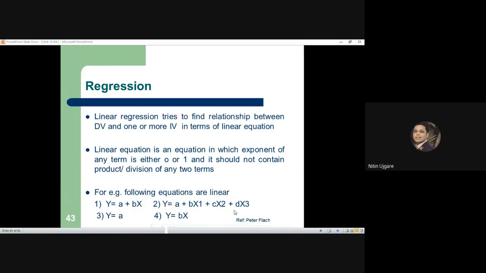This is a kind of multiplication of two things we are looking at. But remember, my friends, these are not two different terms. b is basically the coefficient of this independent variable x. You can also call it a constant. These are the constants b, c, d of the terms x1, x2, x3, and so on. The third and fourth are also linear equations.